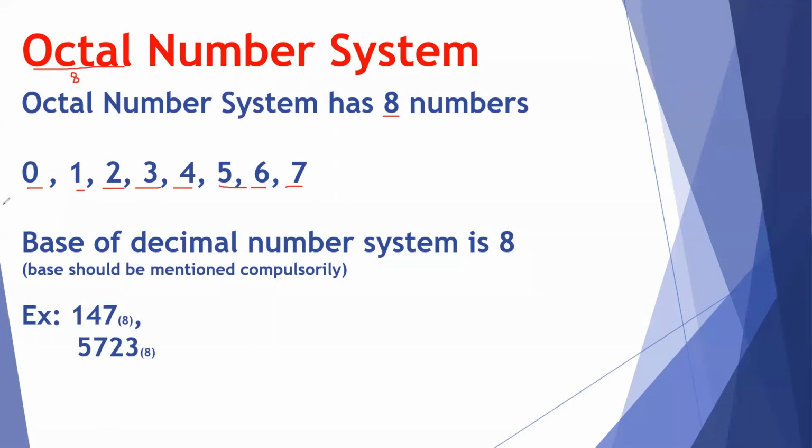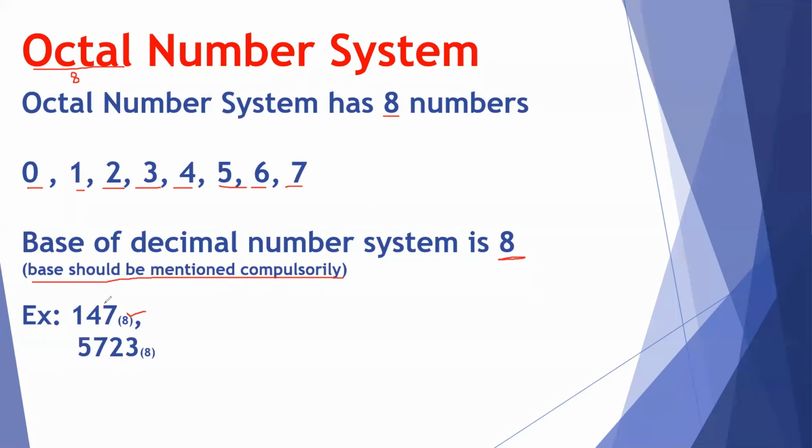As the numbers are 8 in total, the base of the octal number system is 8. Here also, we have to mention the base compulsorily. Without the base, it will act as the decimal number system.